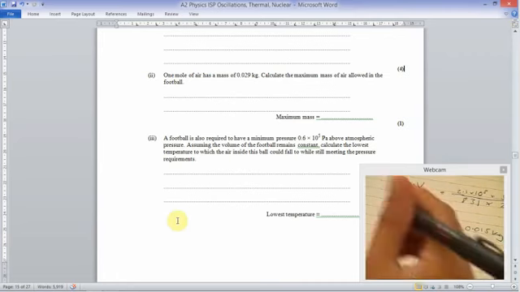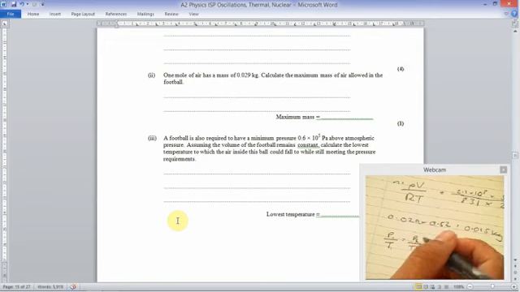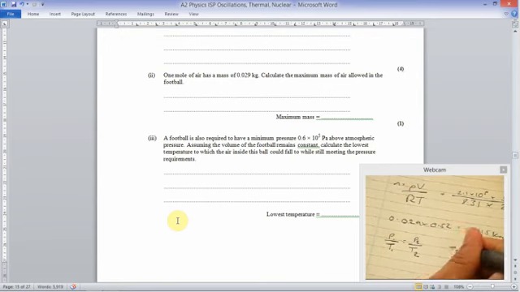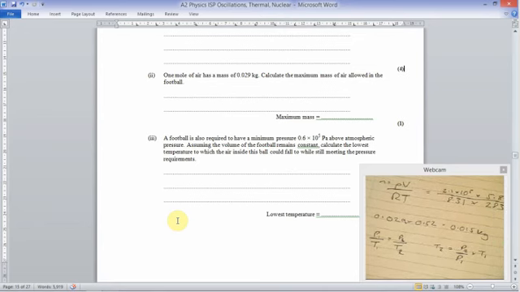So let's work this through. We know the pressure before. We know the temperature before. We know the pressure afterwards. We want the temperature afterwards. Let's rearrange for that temperature afterwards. So what you actually end up with is P2 over P1 times T1. That's just a rearrangement of this expression here. And then you put your values in.